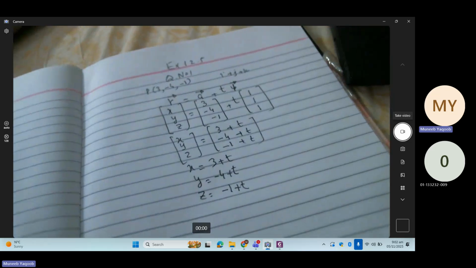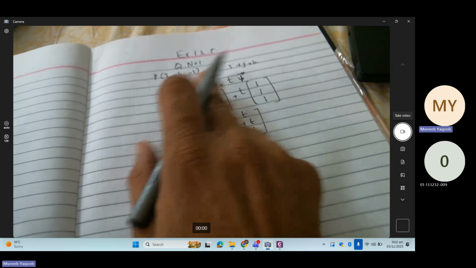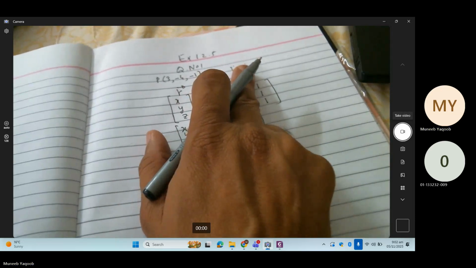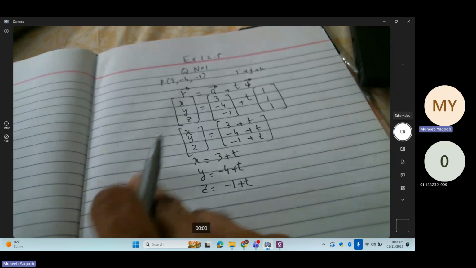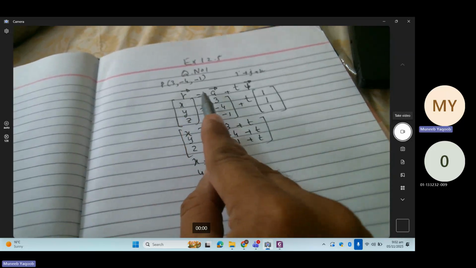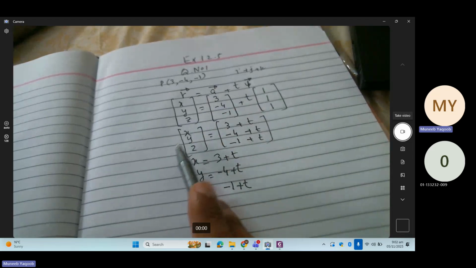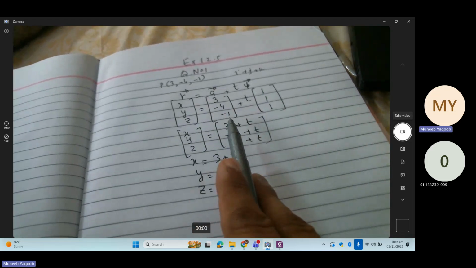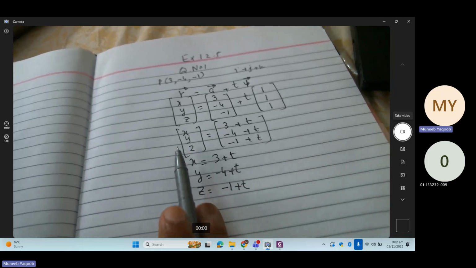So in short, whenever we are given one point and a direction vector, that is the direction vector of the given line, we can always find the vector equation using this general equation r equals to a plus tp. And once we have written the vector equation, we can always deduce the parametric equations from the vector equation.